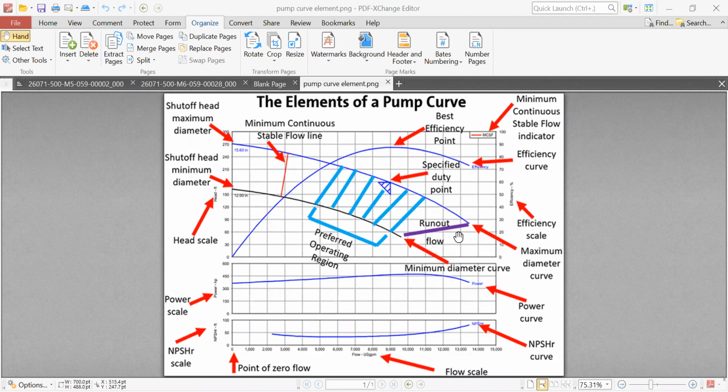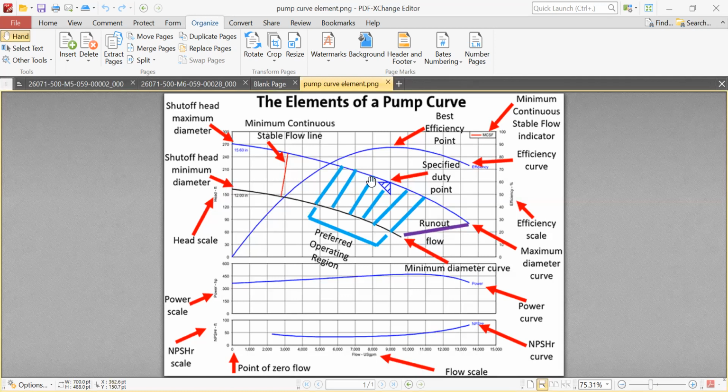So today we are going to talk about the element of the pump curve. As you know, as a process engineer, we have to know the system of the pump, especially the pump curve itself.